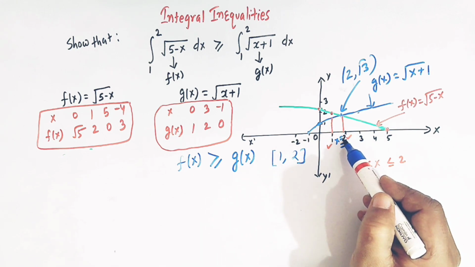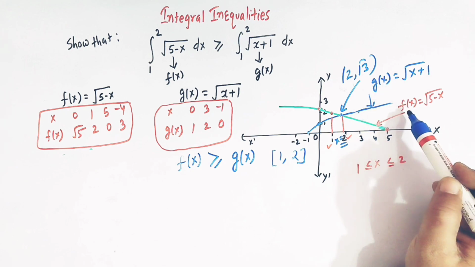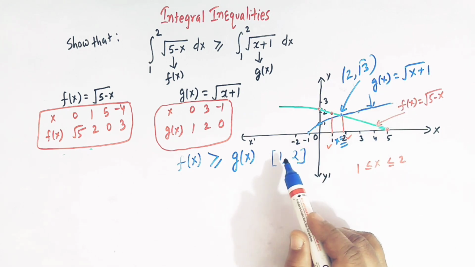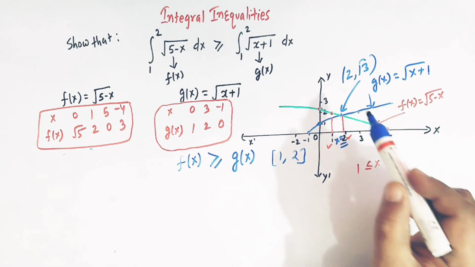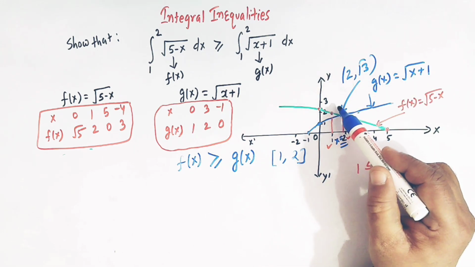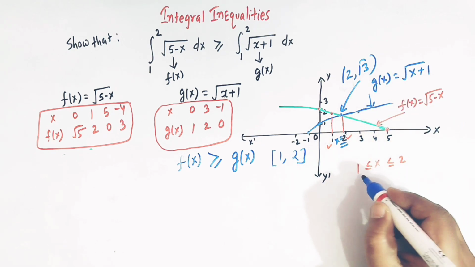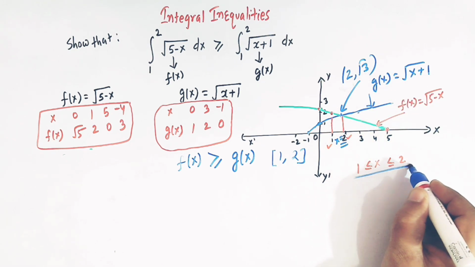So at x is equal to 2, both the functions coincide, right? And for other values of x, the graph of f of x always lies above the graph of g of x in the interval 1 to 2.